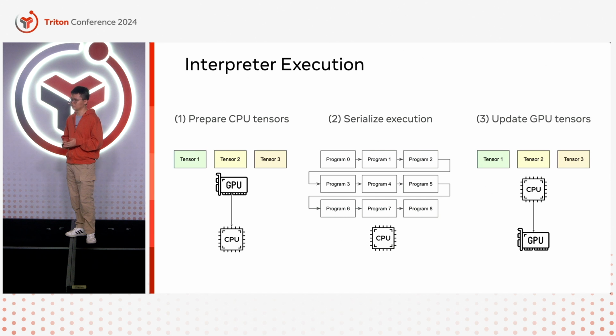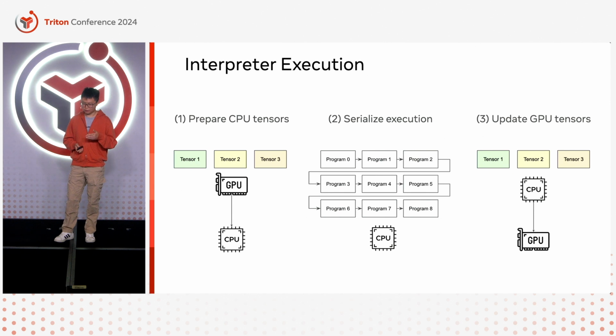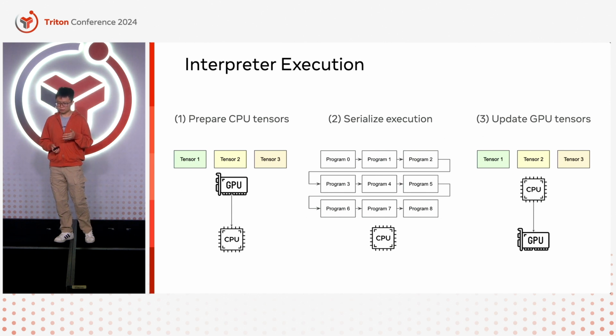Next, we're going to invoke the interpreter to convert each Triton op to its equivalent NumPy operation. Meanwhile, we are going to serialize your program execution. Each Triton program previously running in parallel is now serialized so that we run them one by one.